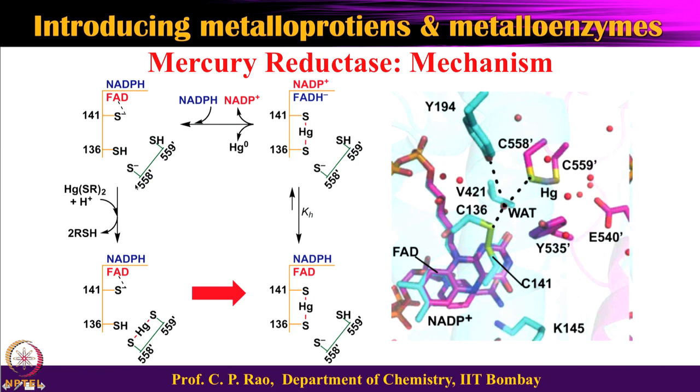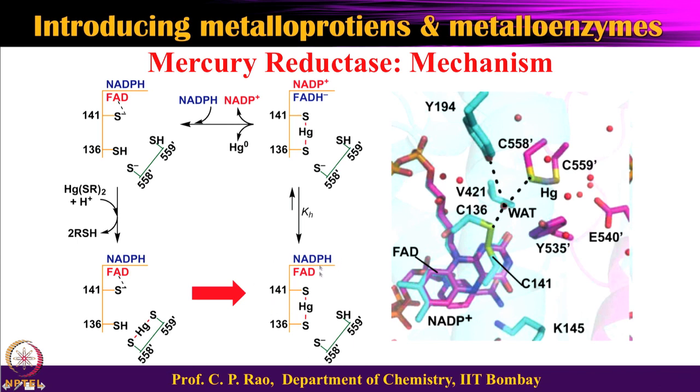So the mercury ion comes to this particular place, which is the same as what I mentioned earlier. It is initially bound at a pair close to the surface, the N terminal, then moves into 558, 559, then moves into 136, 141. So now you have a complexed form of it, and this complexed form of the mercury moves from 558, 559 to 136, 141. You see the mercury moving from here to there, here to there.